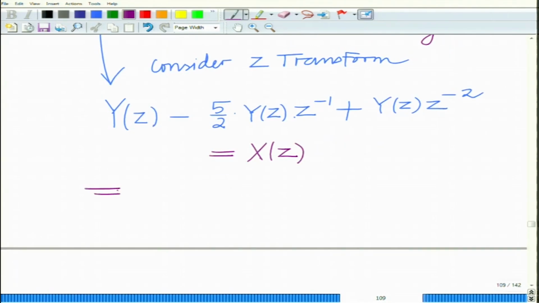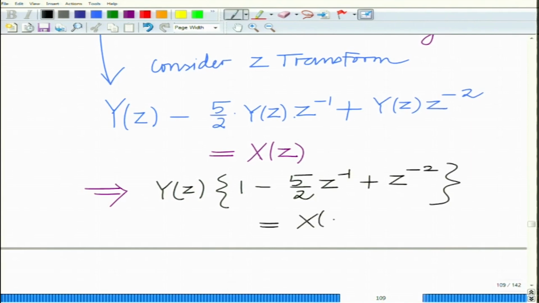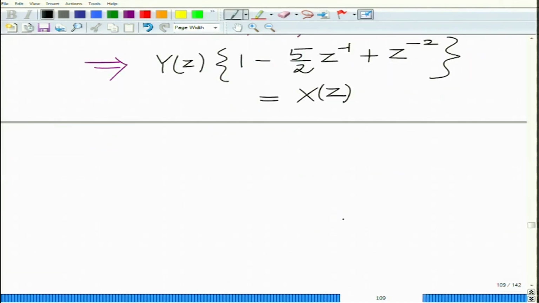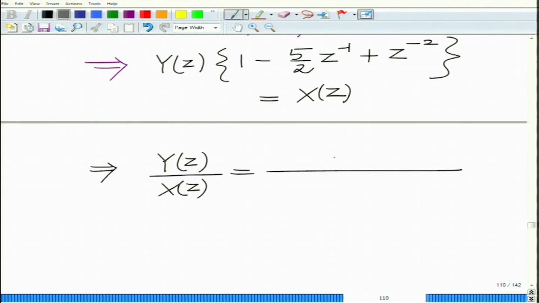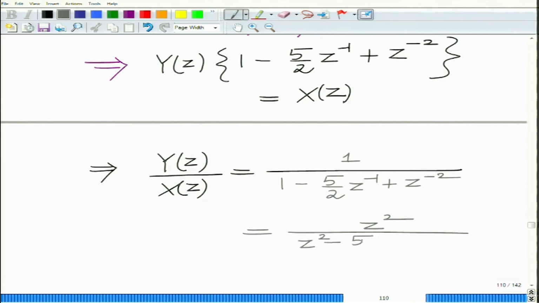So, this implies that we have something very simple: Y(z) times 1 minus 5 by 2 z inverse plus z to the minus 2 equals X(z), which implies Y(z) by X(z) equals 1 divided by 1 minus 5 by 2 z inverse plus z to the minus 2, which is equal to z square divided by z square minus 5 by 2 z plus 1.